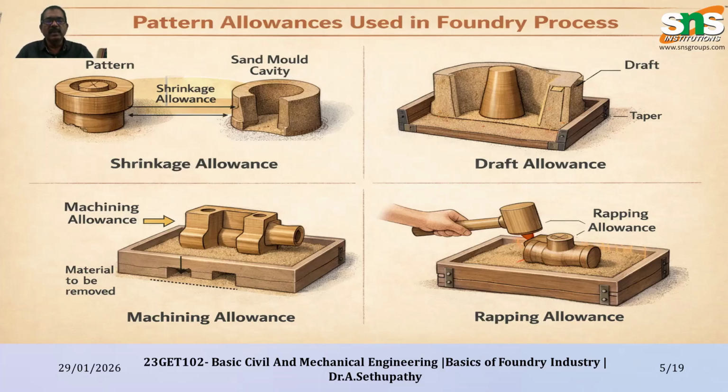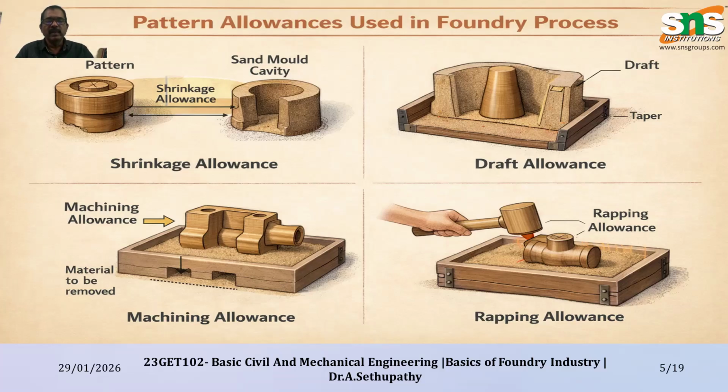Another one is machining allowance. We cannot get the exact size of the part or product from the casting. The casting is only a rough form of the desired shape, and the shape is finished after some process. One such process is machining to make the exact size using machines.